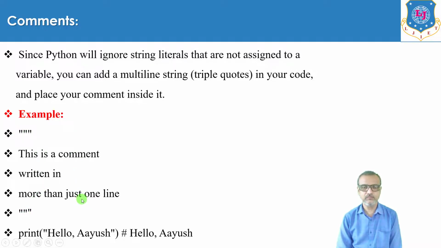In this way also we can create a multi-line comment. Print of hello comma Ayush. What will be the output in this case? That is hello comma Ayush. And see, again, before hello comma Ayush we have written a hash sign, so Python will ignore this one.